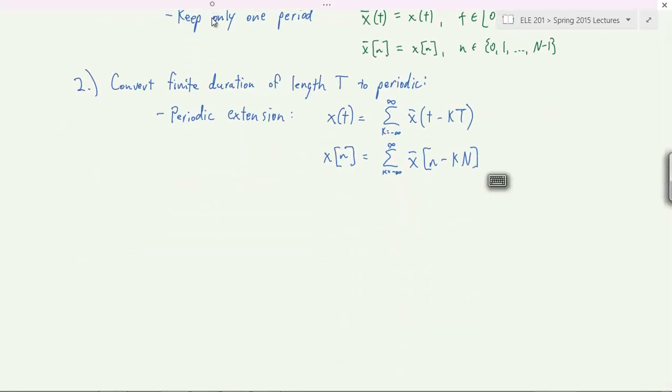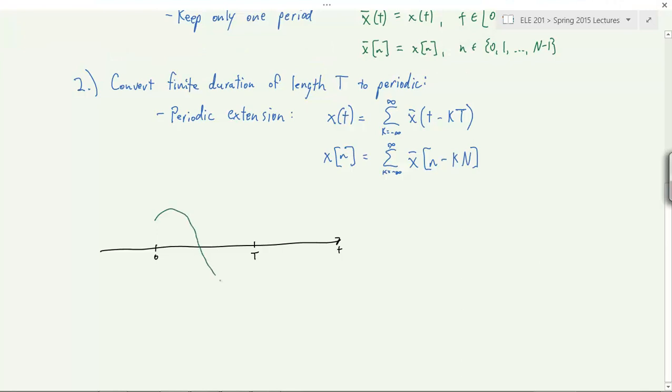And we can draw an example here. Here's 0, here's cap T, and say we have some signal that looks like this. I'll draw it a little different here. Okay, so this here is x bar of t.